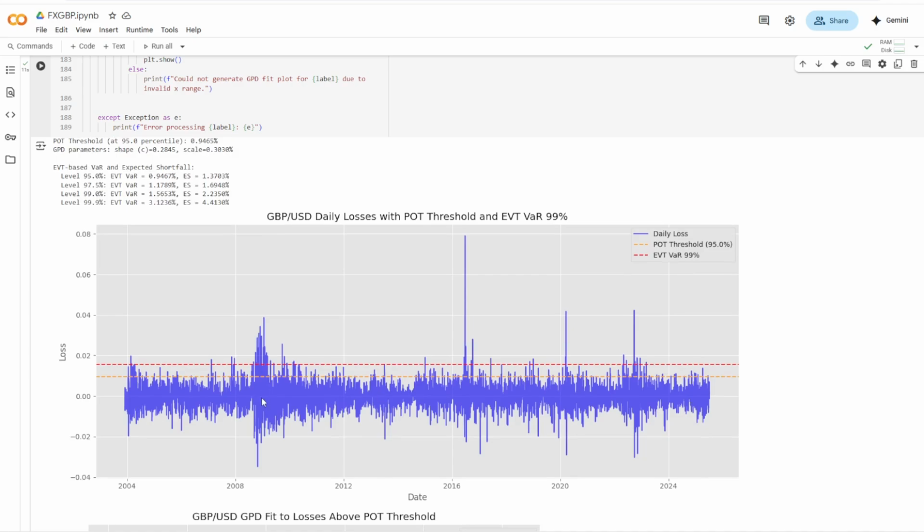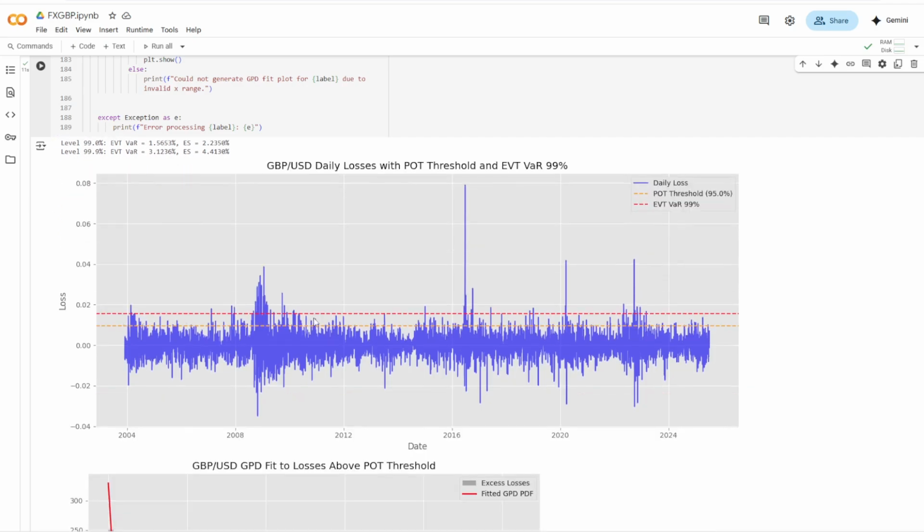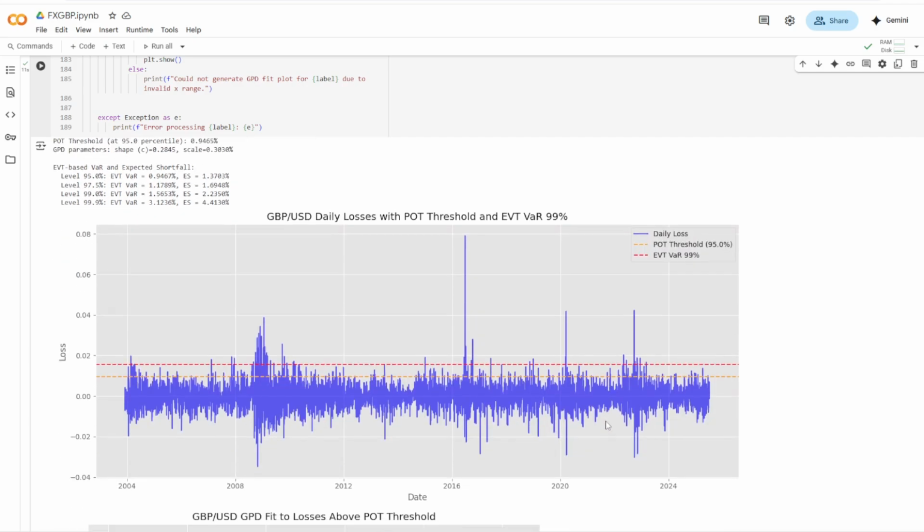The market was volatile during 2008, and we have a series of days when the pound moved up or down by more than 1 or 2%. So it has peaked over the threshold of 0.95%. In this case the lines are on the positive side of the chart, so we can visually see the positive peaks over the threshold in the extreme value theory.